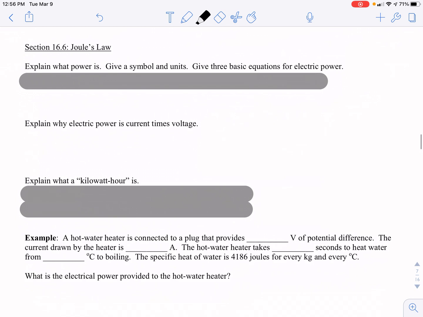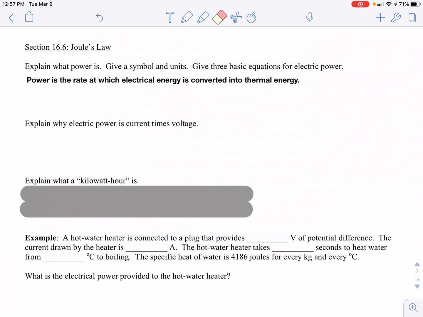Section 16.6, Joule's law. Explain what power is, give the units and symbols, and the 3 basic equations for electric power. There are actually 4 equations. We'll go over all 4. Electric power is the rate at which electrical energy is converted into thermal energy.